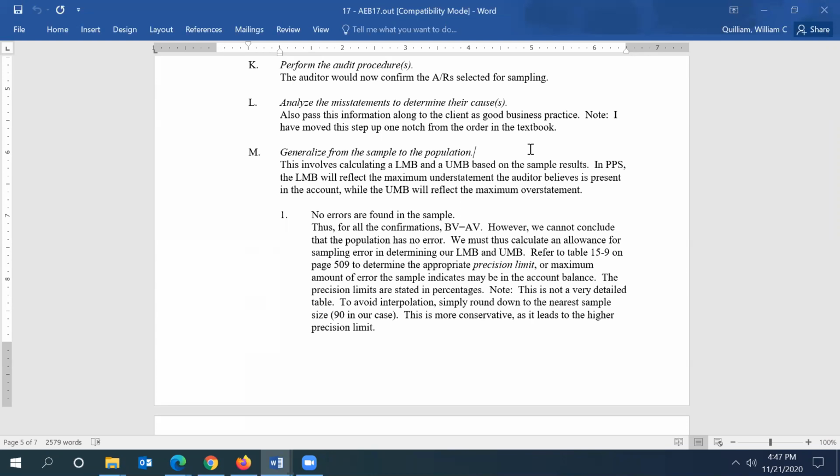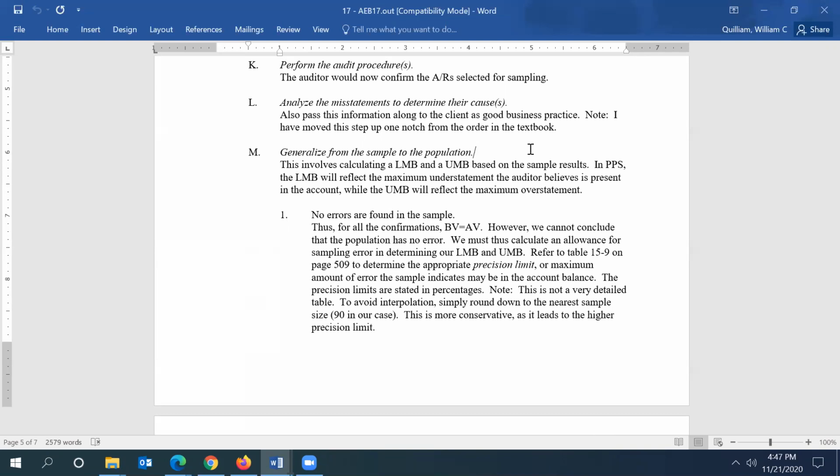once again, a confidence interval. And just showing you some things on it. And calculating the lower confidence limit or lower misstatement bound.